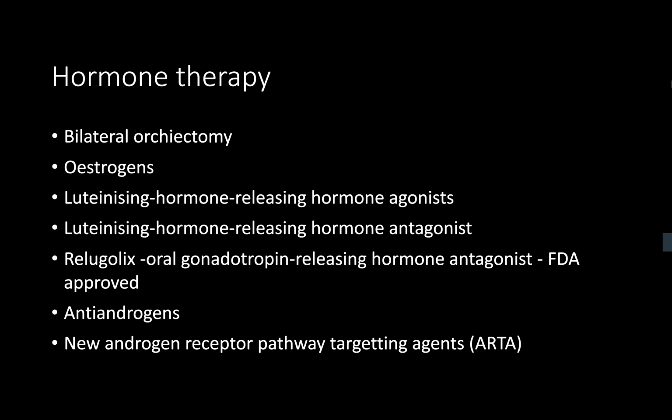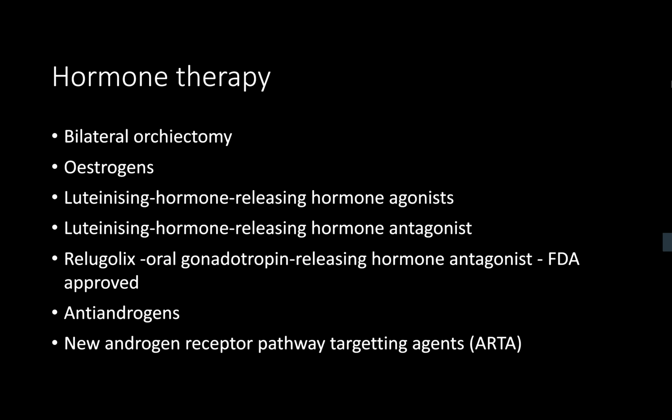But if there is a significant rise of PSA, then we should arrange the MRI again as well as the bone scan, and complete staging will be with the CT thorax, abdomen as well. So it depends on the context of how high the PSA is.